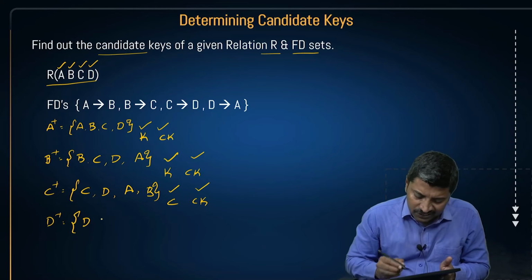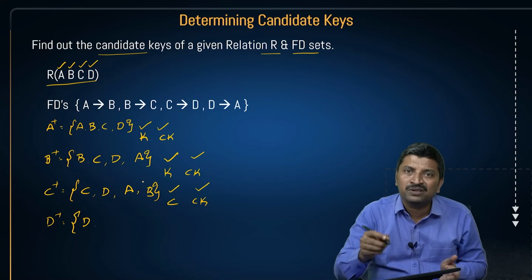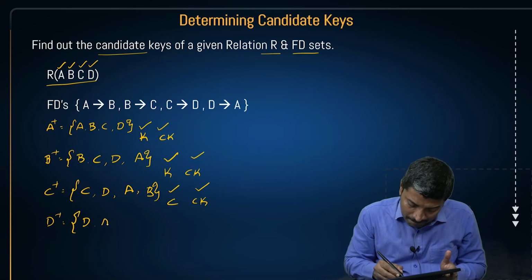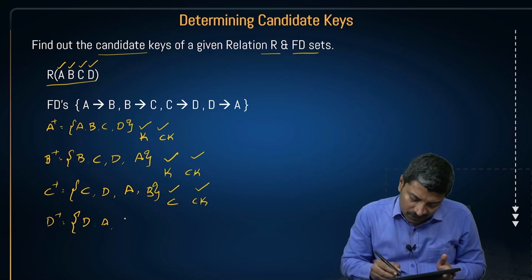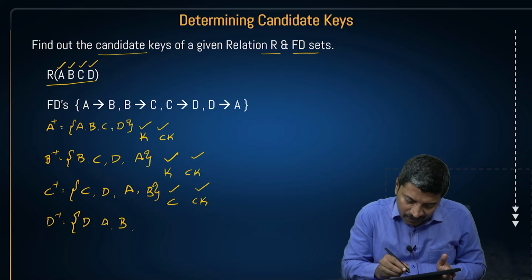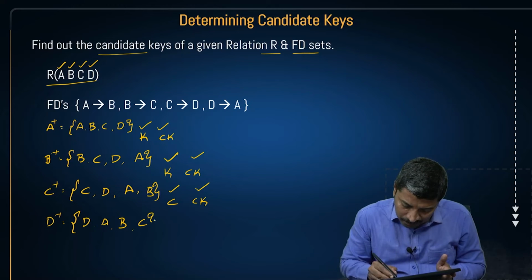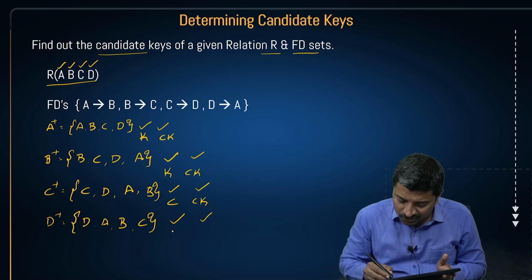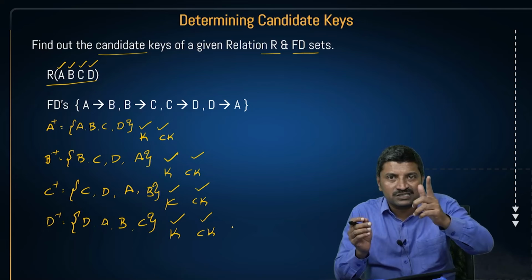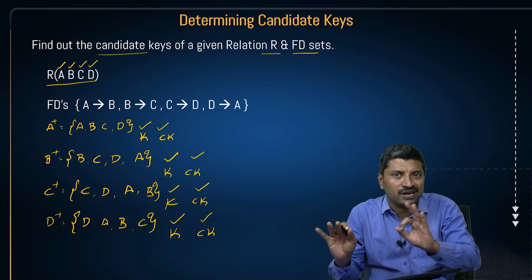D closure contains D itself. Anything else, sir? D gives A. Fine. A gives B. Then B gives C. So we can say this is also a key as well as candidate key. That means all single valued sets are keys and candidate keys.